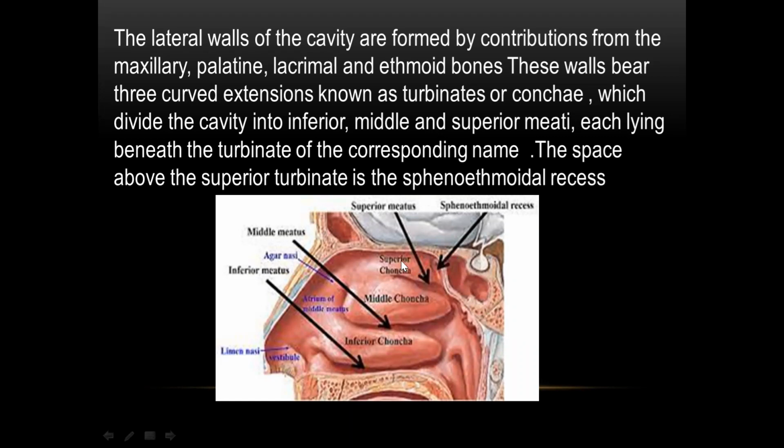So this is the superior turbinate and below it the superior meatus, the middle turbinate and below it the middle meatus, and the inferior turbinate and below it the inferior meatus.